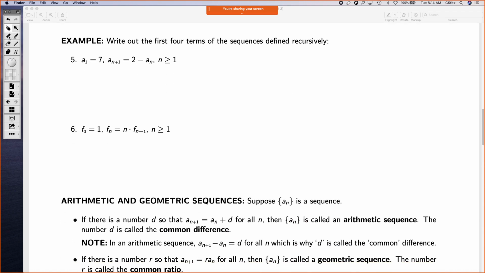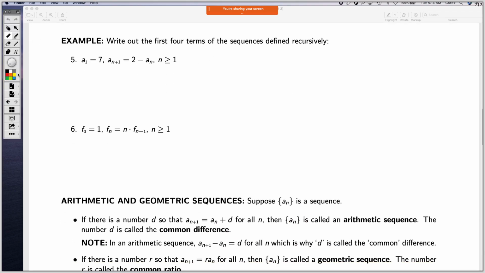Another way to describe sequences is recursive definition. So recursive definition is kind of like climbing a ladder. In a recursive definition, it's going to tell you where to start. And then it's going to tell you how to go to the next.